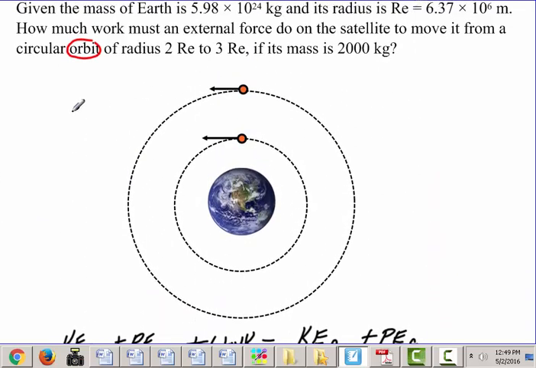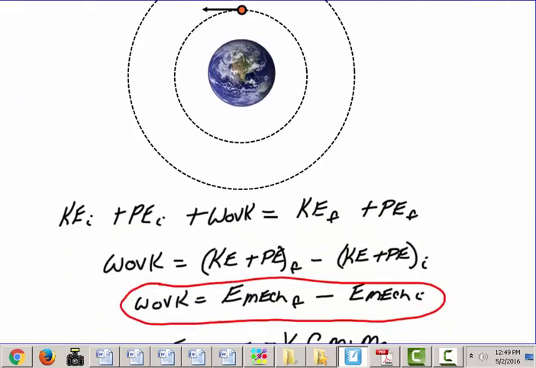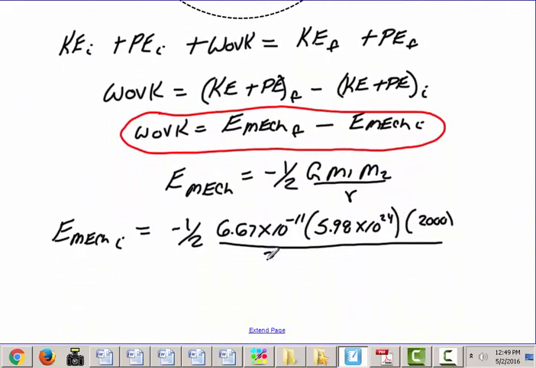Given the radius of the Earth is 6.37 times 10 to the 6th, I put 2 times 6.37 times 10 to the 6th. If I run that value, my initial mechanical energy is minus 3.108 times 10 to the 10th joules.